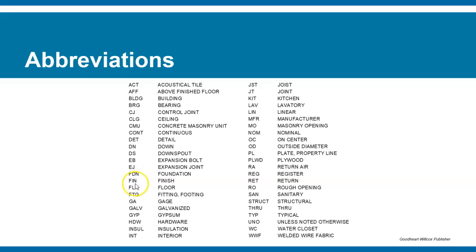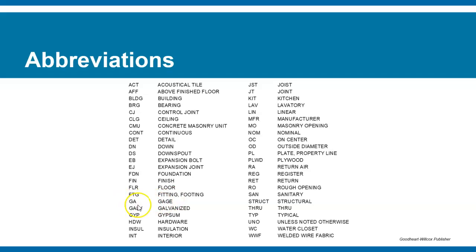Finish floor, FIN means finish, FLR floor, FTG fitting or footing, right? You can have pipe fittings or you can have a concrete footing. So they both have the same abbreviation, but if I was looking at a drawing, a detail of some concrete work, then I wouldn't expect it to be a fitting.